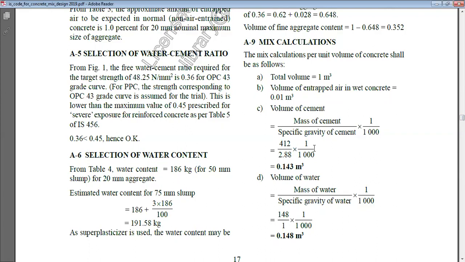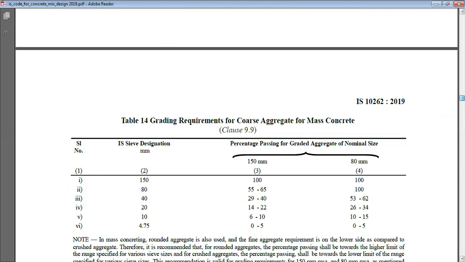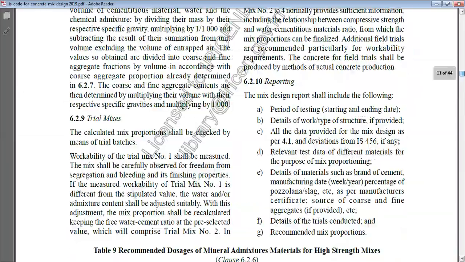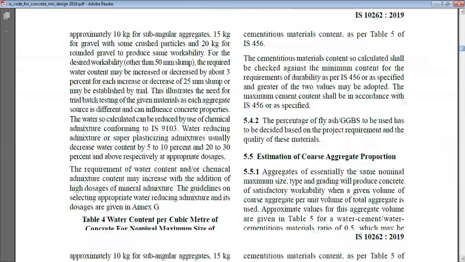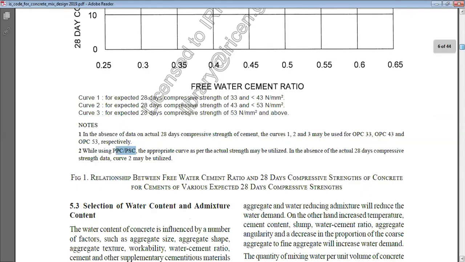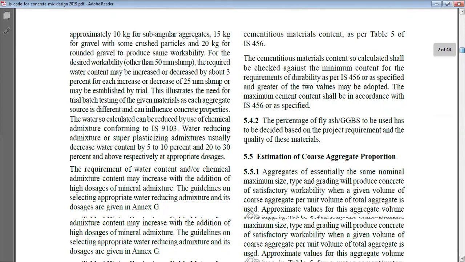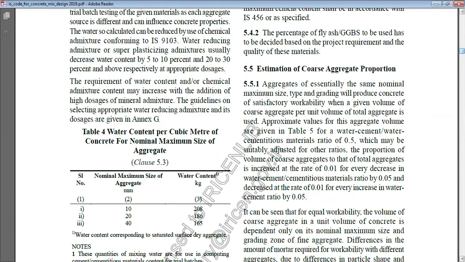Whatever the slump value is, we'll go to table number 4. Here it is, table number 4. The maximum water content in terms of kg with respect to the nominal size of the aggregate. The maximum size of aggregate you are using, the given data is 20 mm.